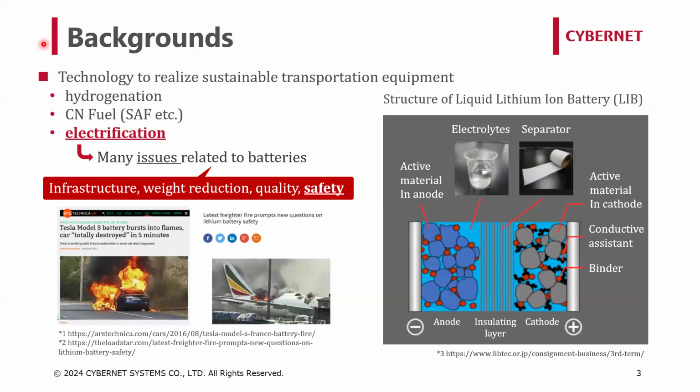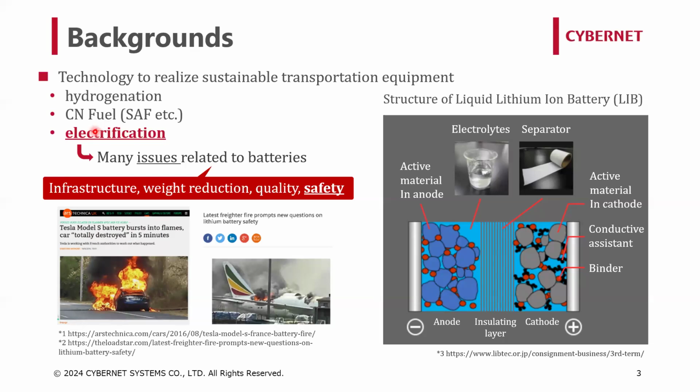Among them, in the transportation equipment field, efforts to replace conventional fossil fuel with clean alternatives are attracting attention as a means of reducing the global environmental impact. For example, hydrogenated and carbon neutral fuels, which are called SAF in the aerospace industry, and finally electrification.